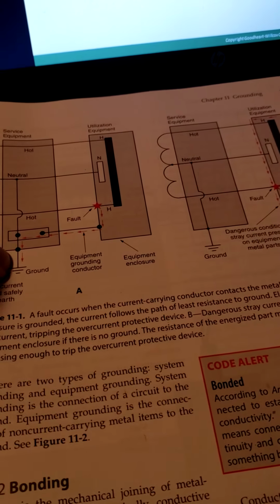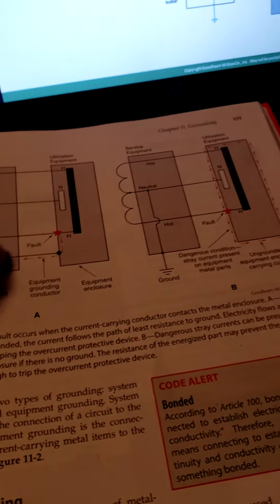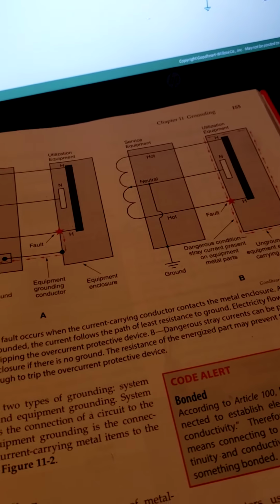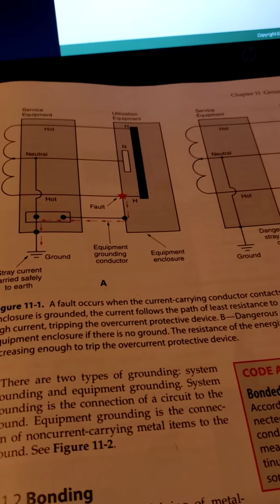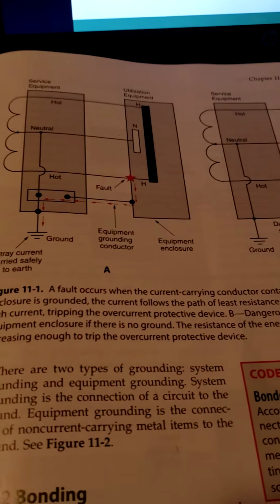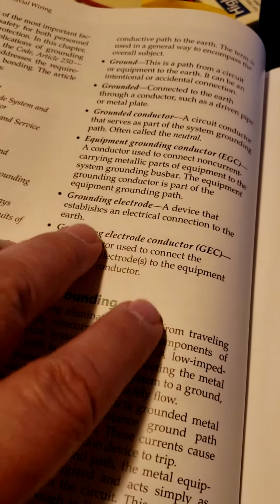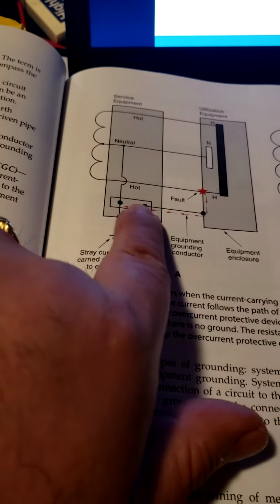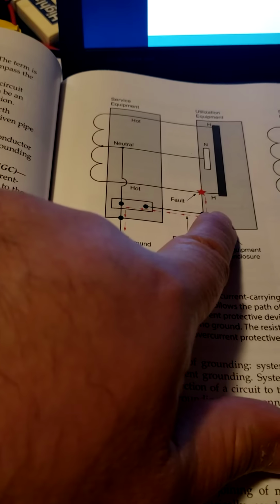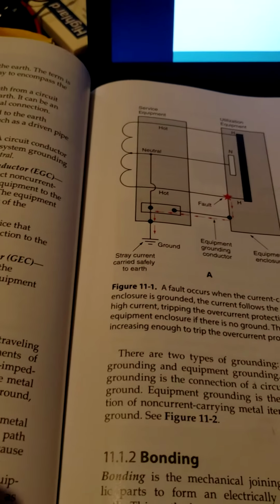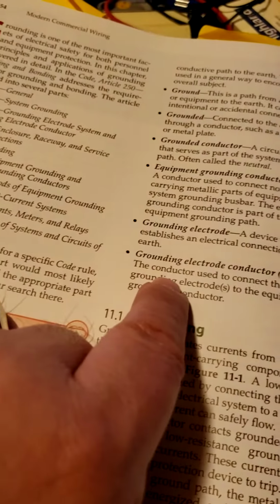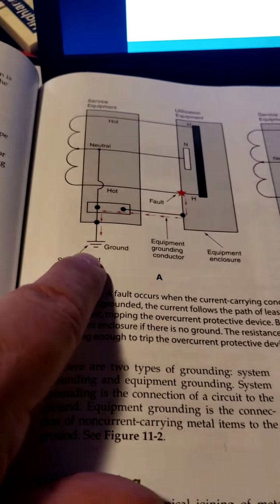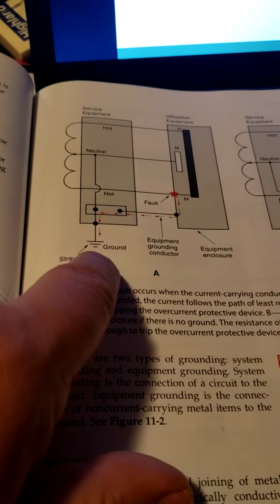Here's our equipment ground conductor, I'm sorry, and this is our grounding conductor. The equipment ground conductor is the one going from here to there, and our grounding electrode conductor is the one coming from here down to the ground.